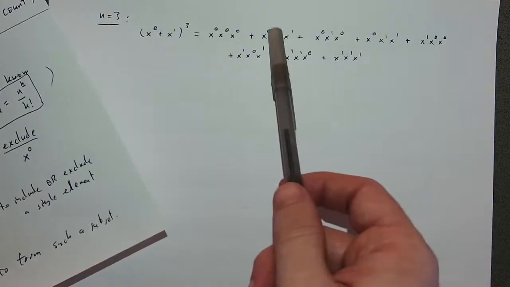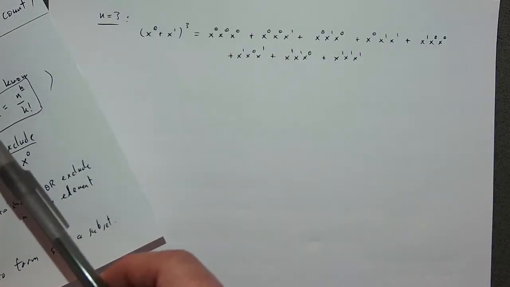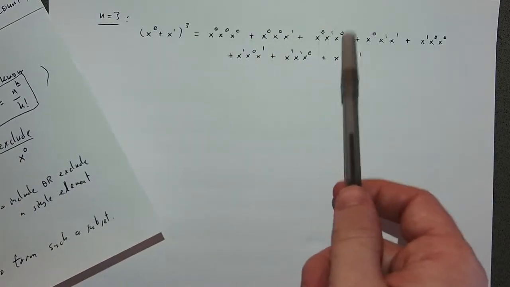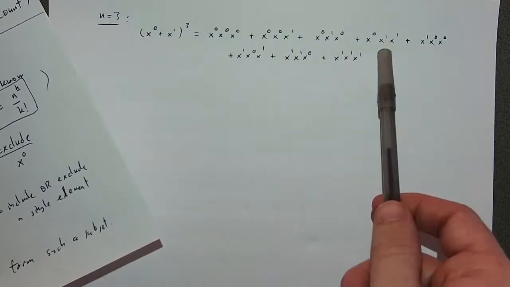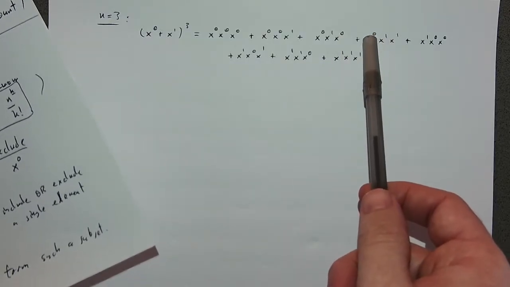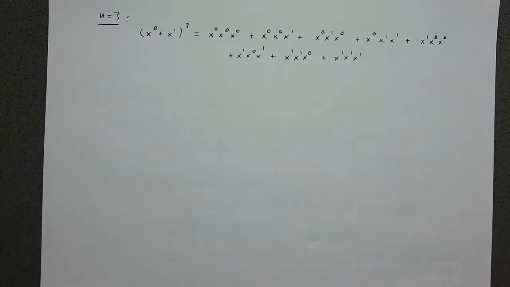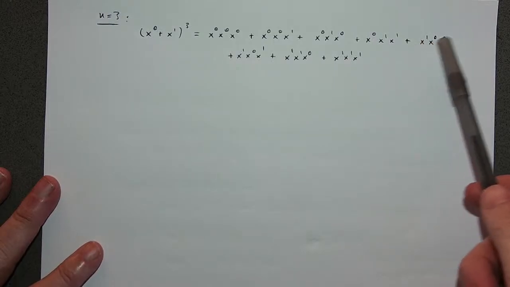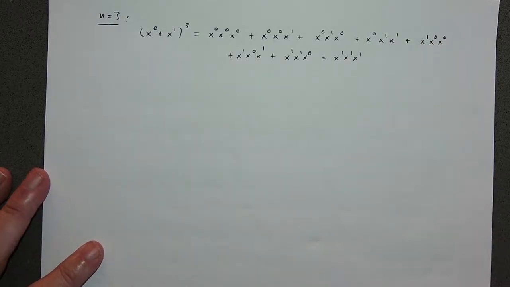Here, I've excluded the first 2 elements and included the third. Here, I've excluded the first and third element and included the second. Here, I've excluded the first element, included the second and third. Here, I've included the first and excluded the second and third, and so on.